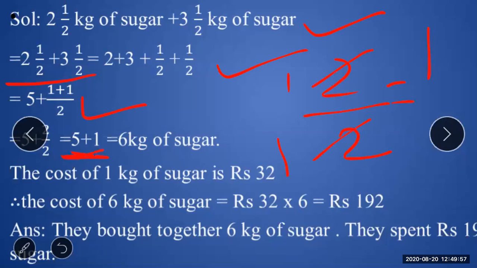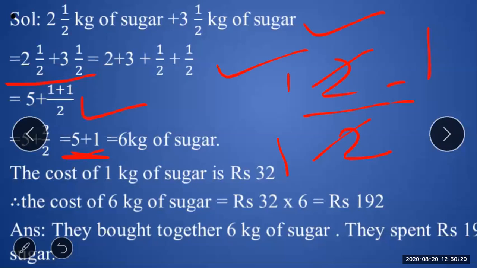Now they got 6 kg of sugar. Who got? They got. How much did both of them get? 6 kg of sugar. Now what have they asked you? They told us that the cost of 1 kg of sugar is rupees 32. So we will write the cost of 1 kg of sugar is rupees 32.